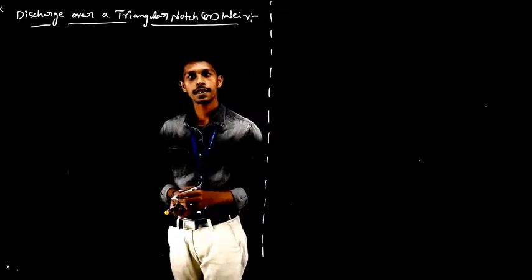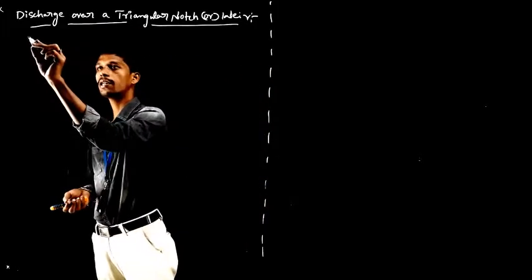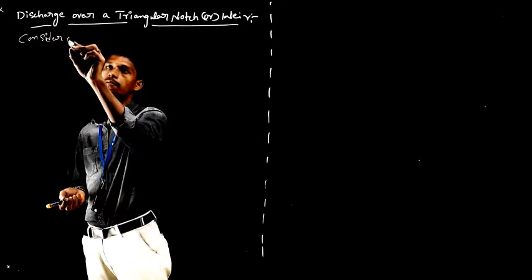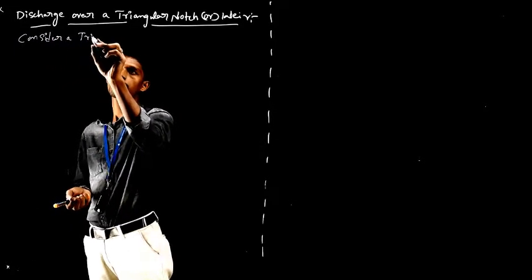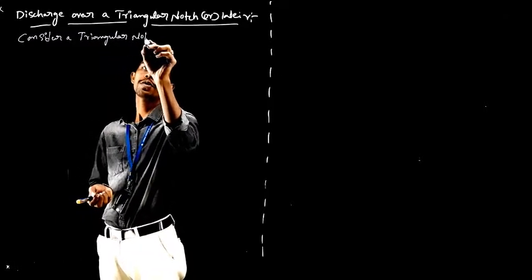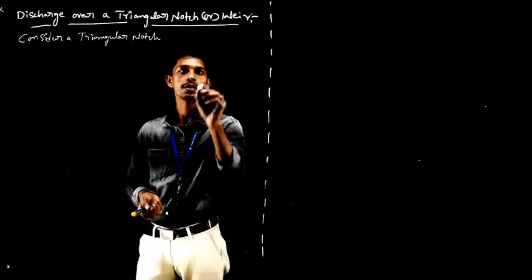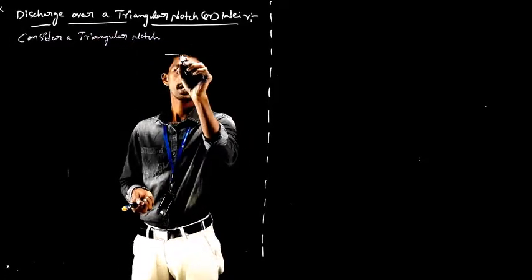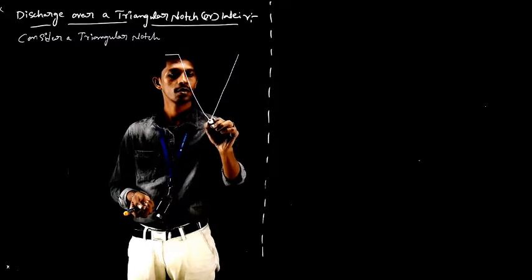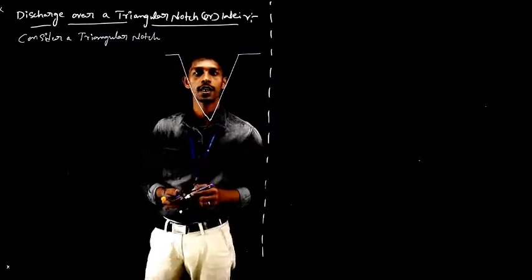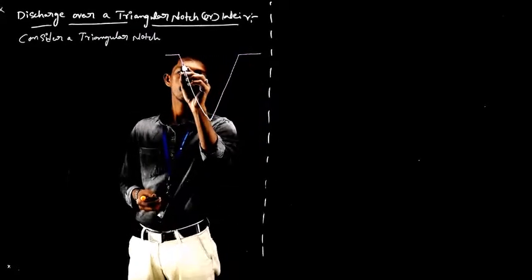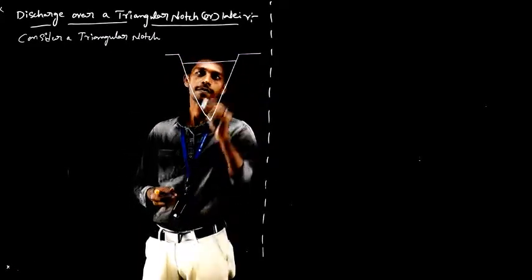So to solve this, consider a triangular notch. Okay, so I am drawing the diagram for that. This will be the diagram of the triangular notch I have selected, and this is the water level I have.